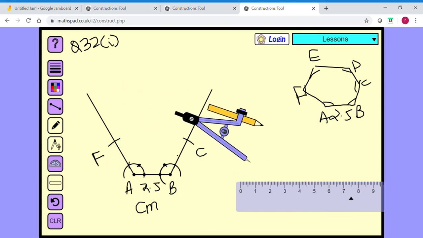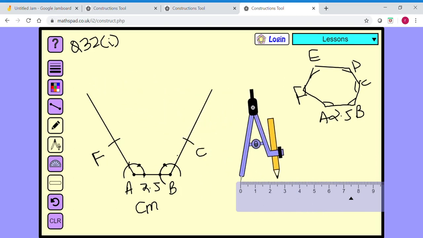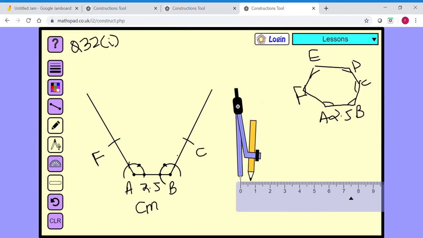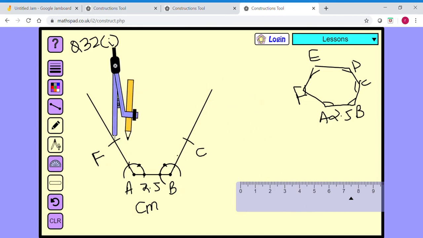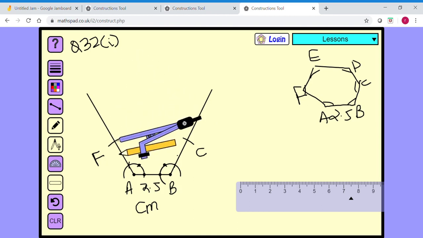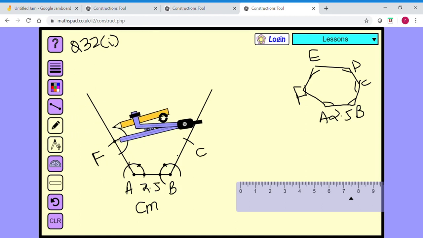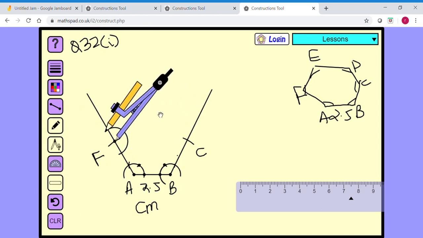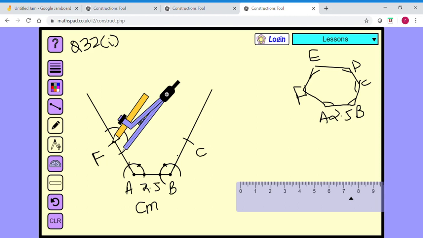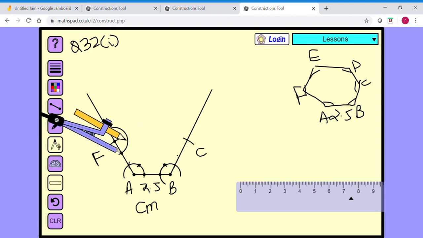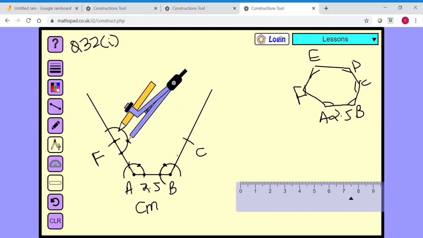Next thing, I have to draw a 120 degree angle at both these places, at C as well as at F. So I'll keep my compass at C and make a semicircle. Done. I pick it up, keep it at this point and cut my 60 degree mark. Next, I keep it at the 60 degree mark and I cut the 120 degree mark. Done.